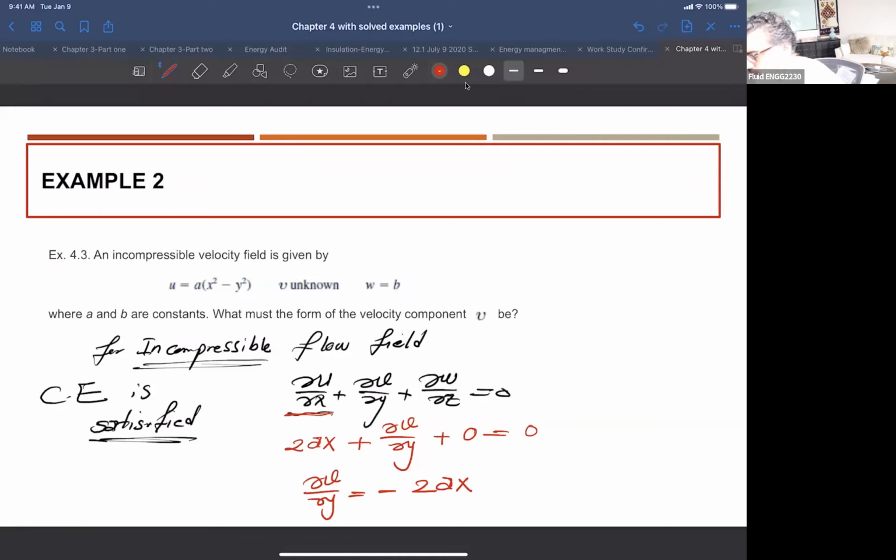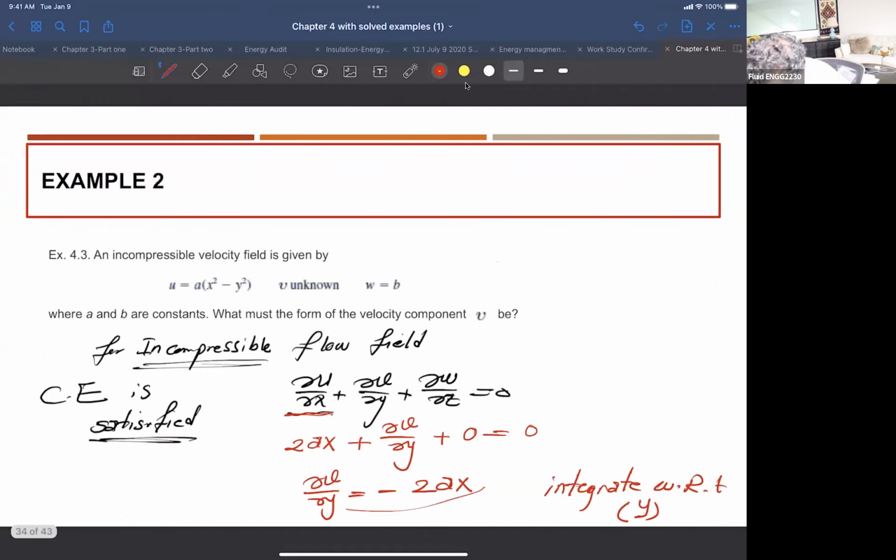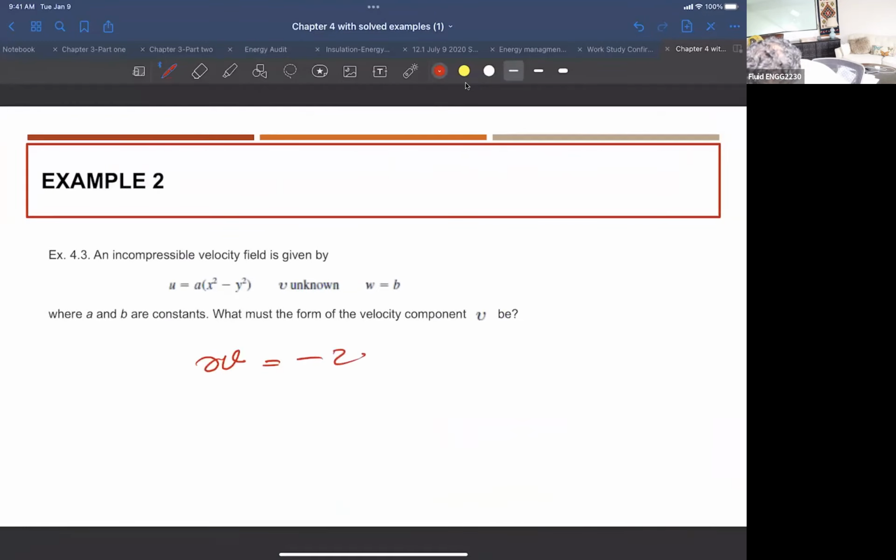Integrate with respect to y. Excellent. So in this case I have to integrate with respect to y. So dv is minus 2ax dy.